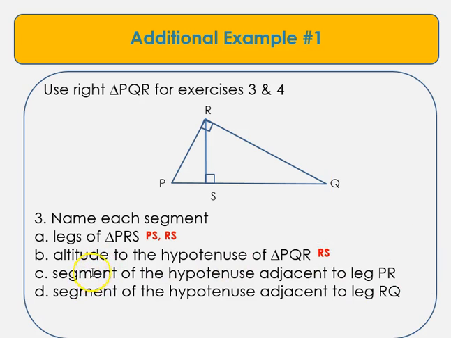Let's find the segment of the hypotenuse adjacent to leg PR. So leg PR is right here. The segment that is adjacent would not be the altitude. The segment would be the short leg, which is PS. And the segment of the hypotenuse adjacent to leg RQ would be SQ.